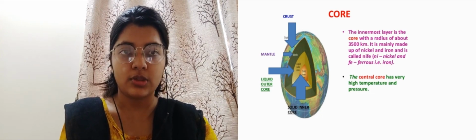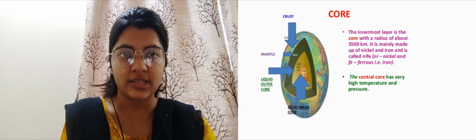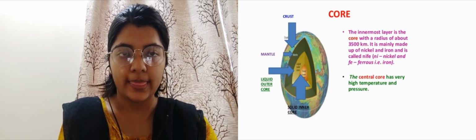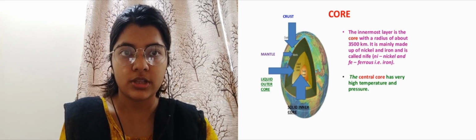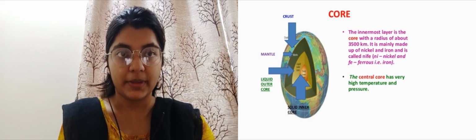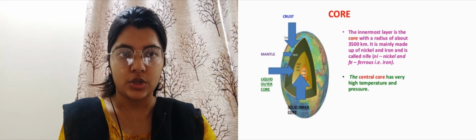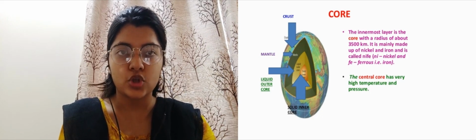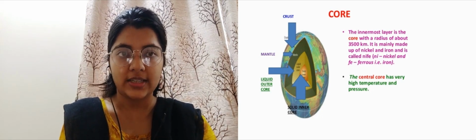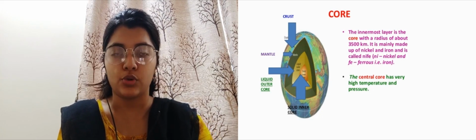There are two types of core: the inner core and the outer core. The inner core is in solid form and the outer core is in liquid form, as you can see from the picture.